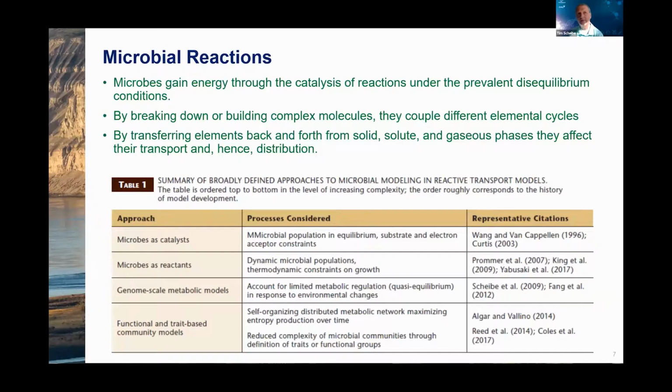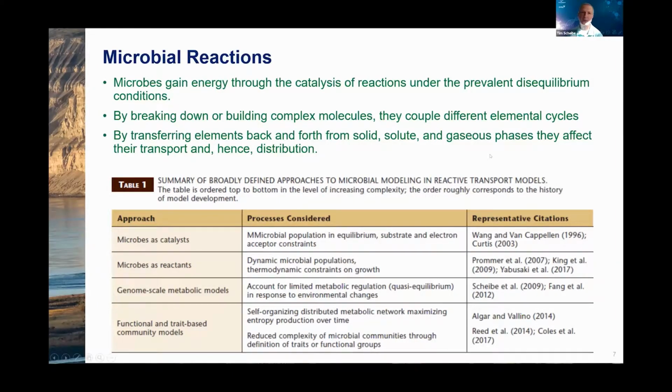But we also have microbes in our systems, and those microbes can gain energy by catalyzing reactions to move things closer towards equilibrium conditions. And they do that by breaking down or building complex molecules. In so doing, they couple a variety of elemental cycles, including carbon, nitrogen, phosphorus, sulfur, iron, and many others. And by transferring these elements back and forth among various phases, solid, liquid, solute, and gaseous phases, they affect their physical transport and therefore their spatial distribution.